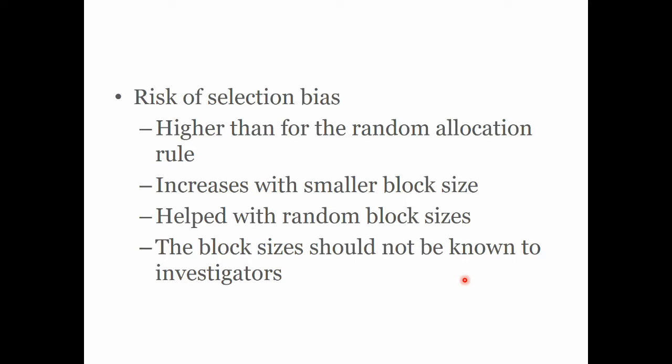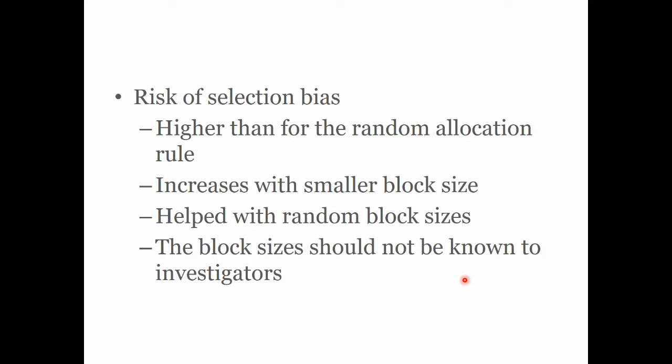If you know how many you have in each arm up to that point, then you know how many you have to get to. So it says something about the probability of the allocation coming up. But it's still not going to be quite as clear as if you knew what was coming up within a block, because it's a smaller group size. And as we saw, this risk of selection bias or breaking allocation concealment gets higher with smaller block size.